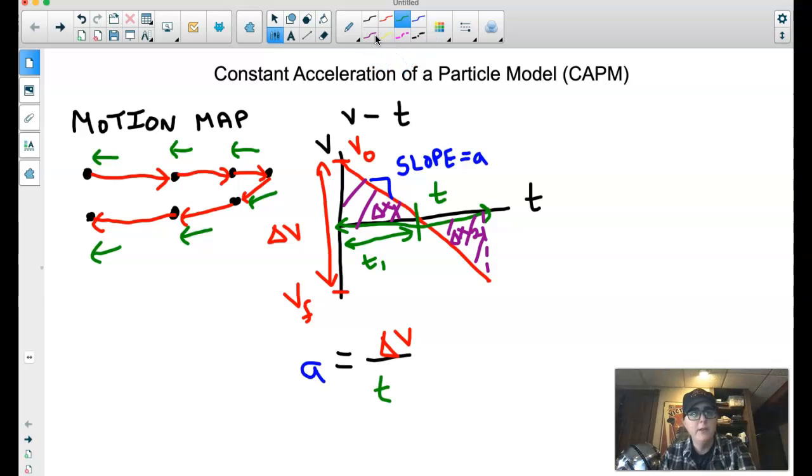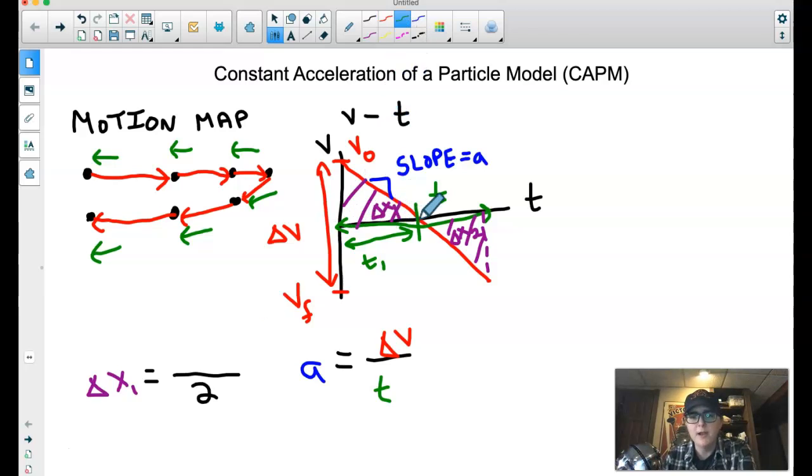We also used the area to set up equations. In this case, if I wanted to find that delta x1, so how far my object travels in that first chunk of the graph, I've got a triangle, which means I need to do base times height divided by 2.